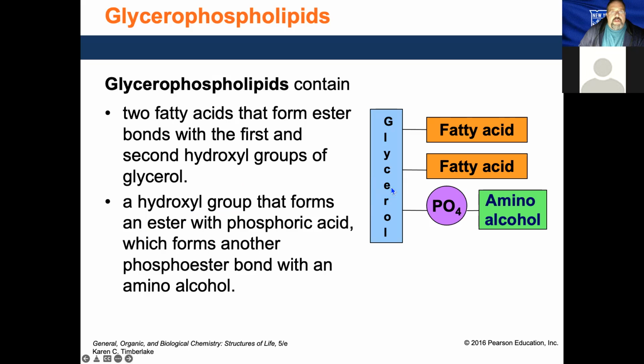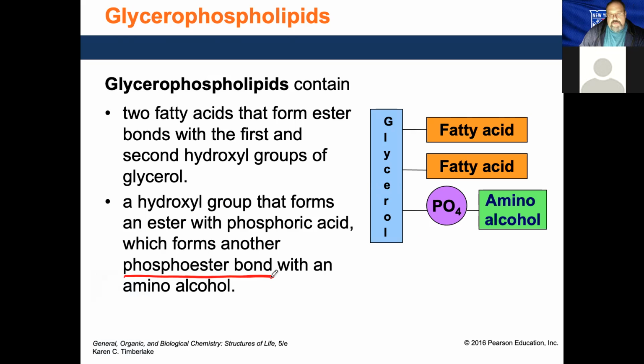Okay. So what we'll see is that the glycerol, the phosphate, and the amino alcohol are connected to each other by what is known as a phosphodiester bond.